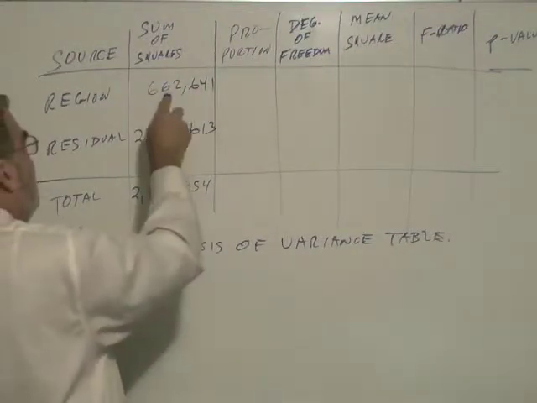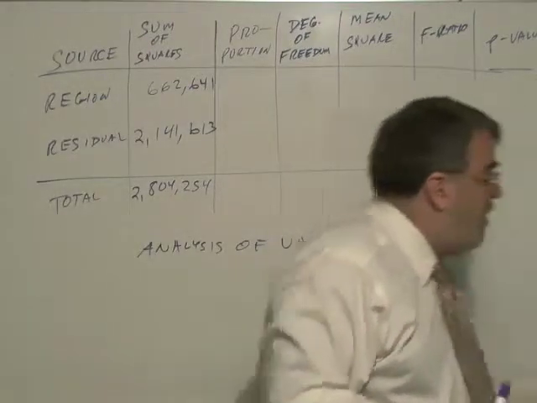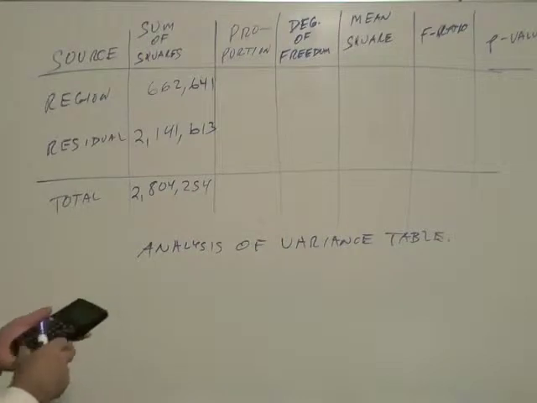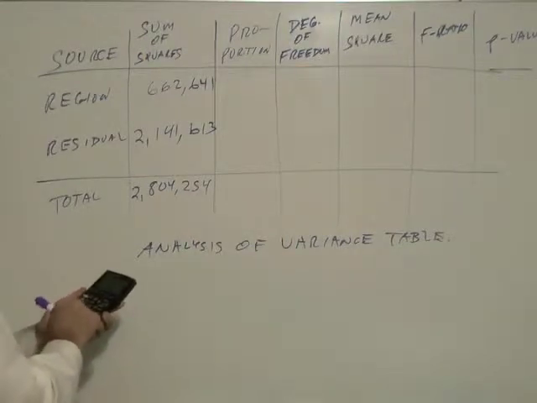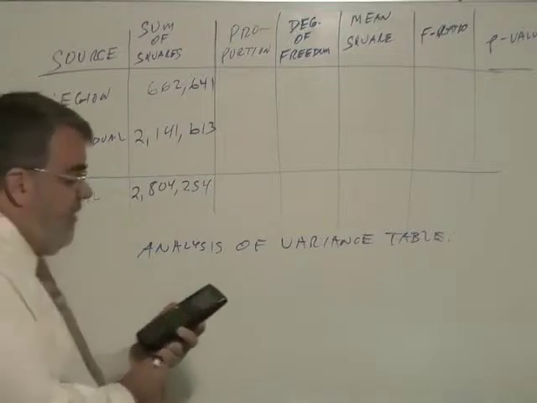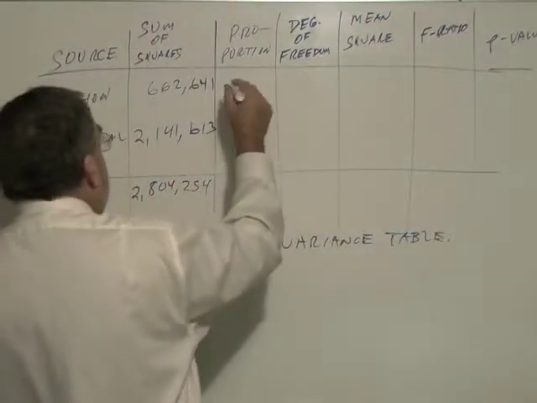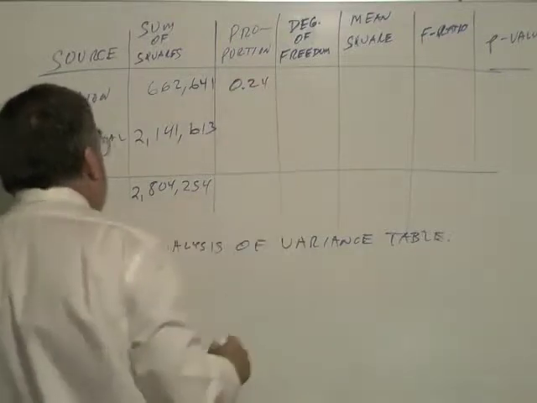So I'll take 662,641 divided by 2,804,254. So 662,641 divided by 2,804,254 is 0.236 or 0.24. And our book this time goes to two places, 0.24.